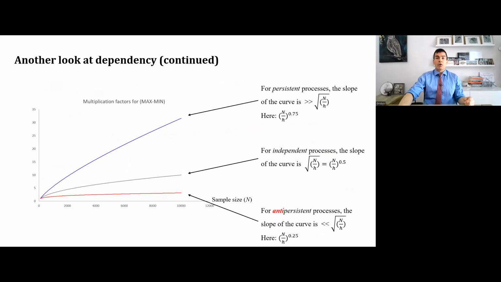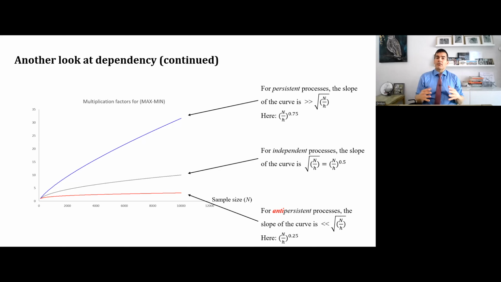Now we can think about multiplication factors for various processes. Recall that the gray curve is the corresponding multiplication factor for the range of maximum minus minimum for independent processes, and the slope of the curve is the square root.